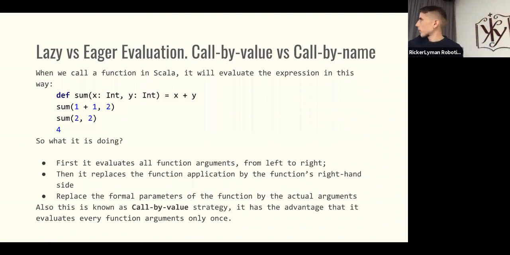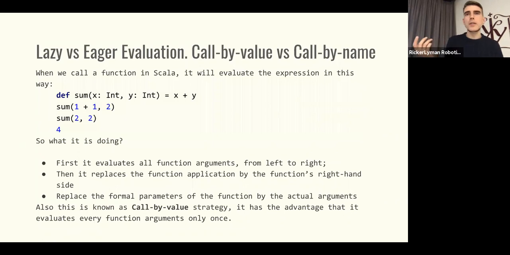For instance, in this case, 1 plus 1 will be evaluated first and then supplied to a function. And this is called eager evaluation. Most languages are eagerly evaluated by default. So when you supply something, that expression is evaluated first, and then the value is passed as an argument. Another name for that is the call by value strategy.